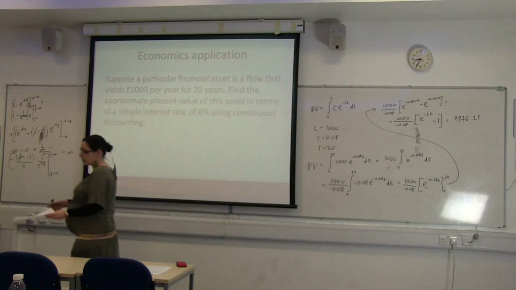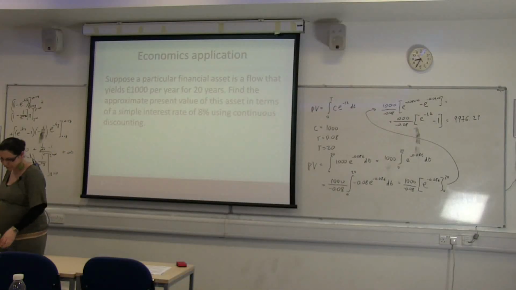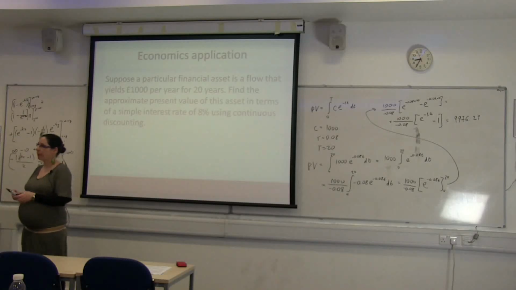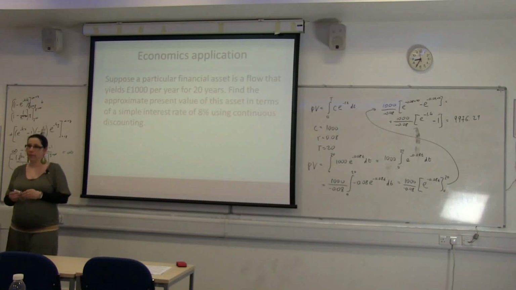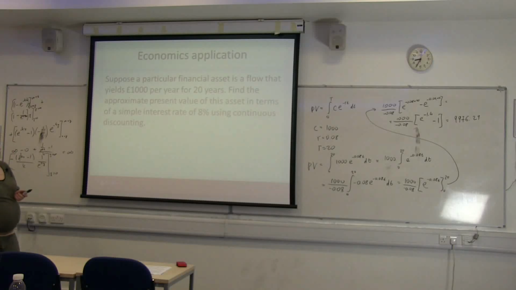And don't ask me what it means, because I don't know anything about economics. It is thousands per year for 20 years. Oh, per year. Yeah. So that's present value at the moment. It's almost £10,000. That's right. It's a very, very small interest rate, isn't it?